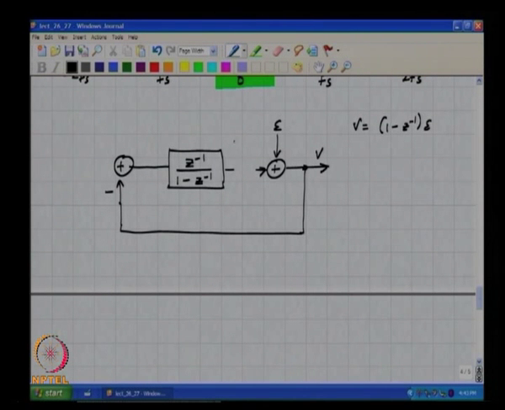Okay. I will apply an impulse here, and look at the output sequence which comes up. So, if I do that, what happens?